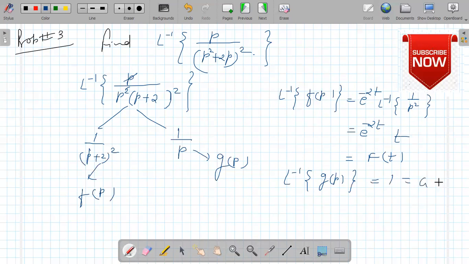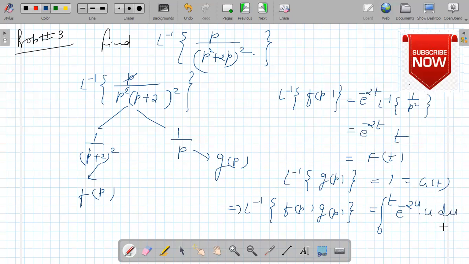So it's Gt minus u. So Laplace inverse of Fp into Gp is equal to integral 0 to t Fu, e raised power minus 2u into u, and Gt minus u remains 1.